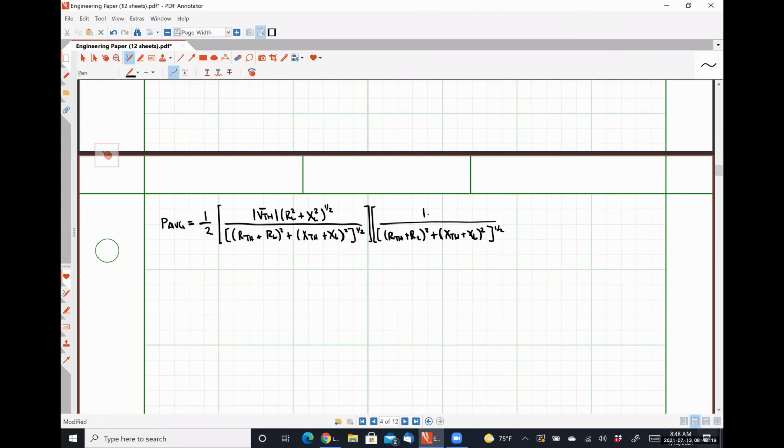Up here, we'll just have the magnitude of V Thevenin. And now I need to substitute in my cosine of theta V minus theta I term, which is just going to be RL divided by RL squared plus XL squared to the 1/2 power.